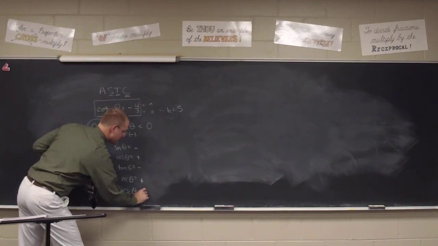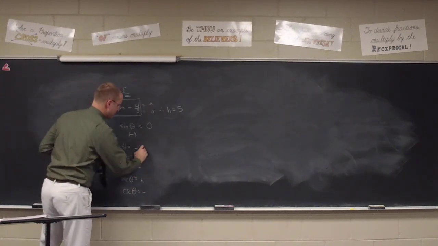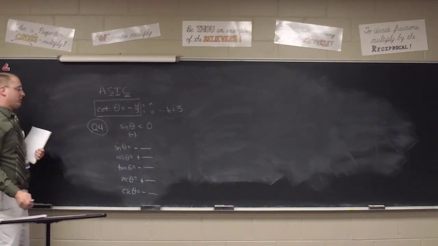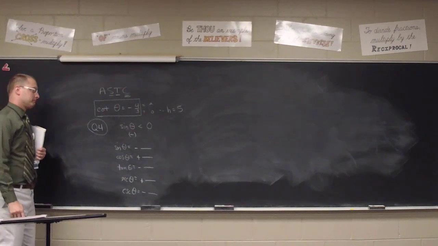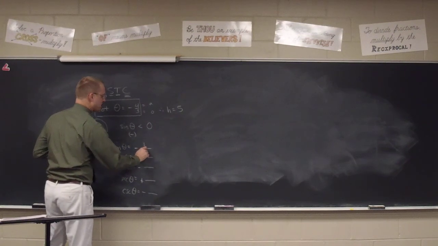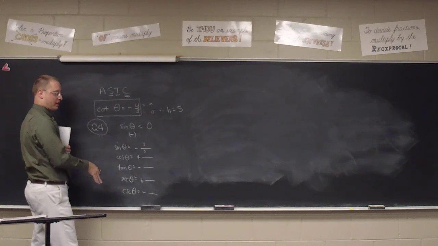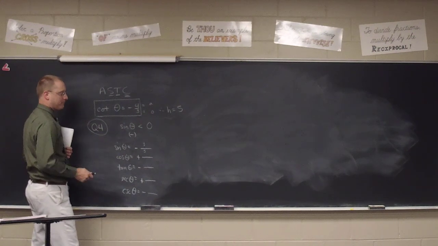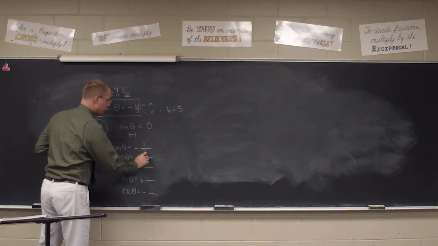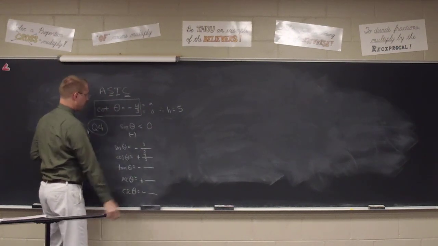Everything else happens to be negative, positive, negative, which is a nice little pattern there. And now we just fill in the gaps. Sine's what over what? Opposite over hypotenuse, so 3 over 5. Of course, with the negative in front that we wrote, but we took care of that up front, so we don't have to think about it now. Cosine's what over what? Adjacent over hypotenuse, so positive 4 over 5.